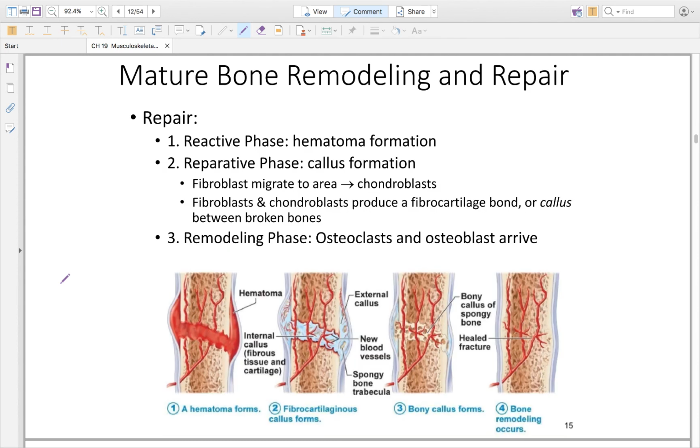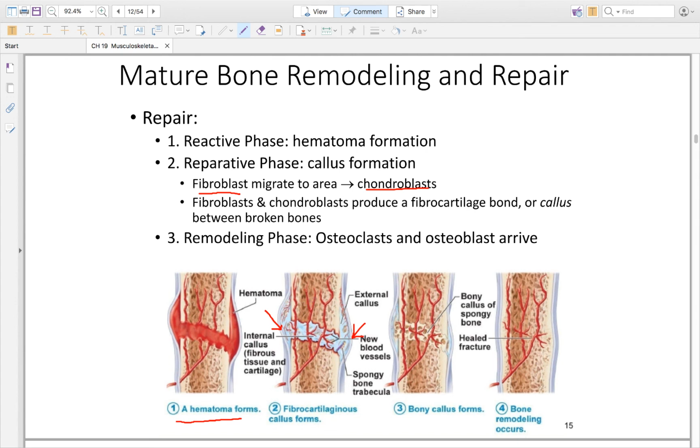Okay, so what happens if there is damage, such as a fracture? The very first thing that's going to happen is a hematoma. A hematoma will form, and then we have fibroblasts and chondroblasts. These are fiber-producing cells and cartilage-producing cells. They are going to come to the location of the damage, and they're going to start to build a bond between the two broken bones.